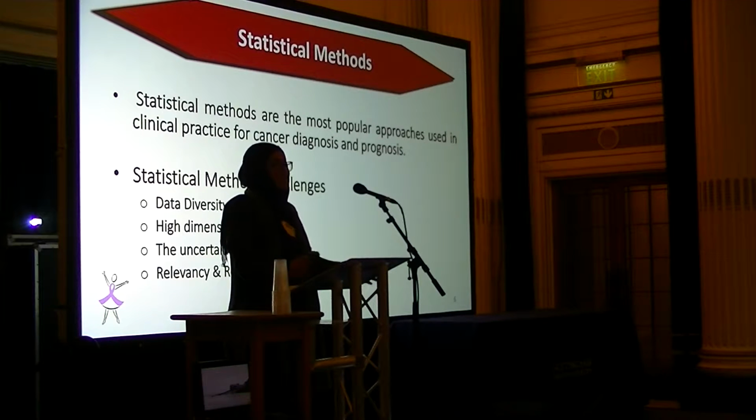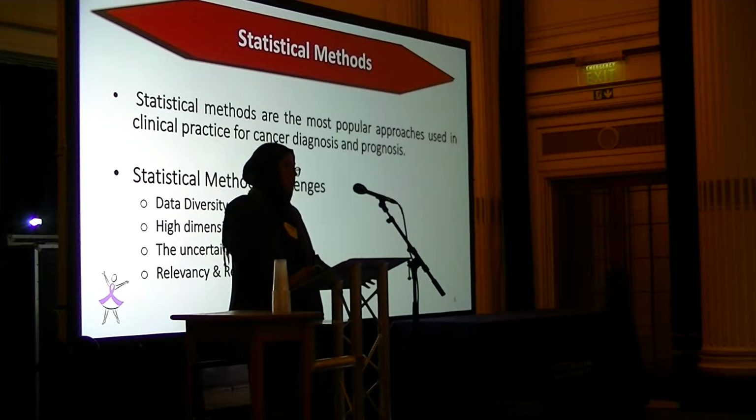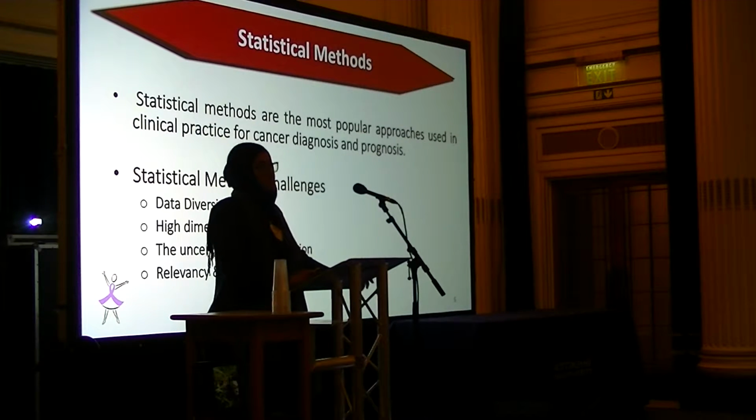So it is not an easy task for statistical methods to process a huge amount of data gathered from different sources, collected from images, from gene expression, from clinical data.